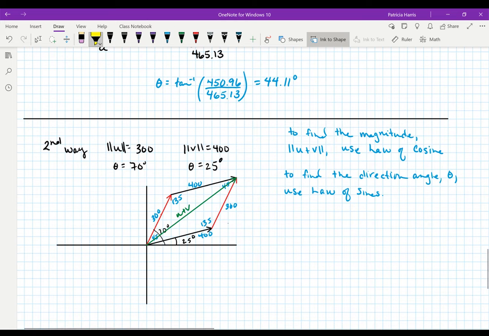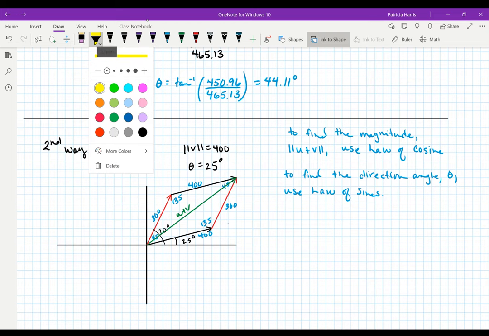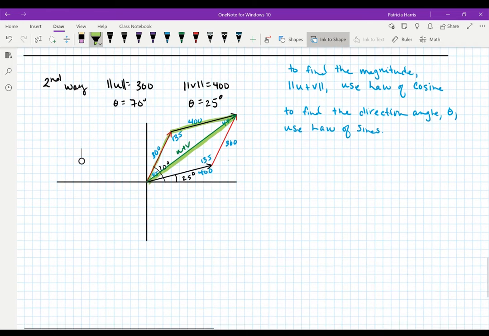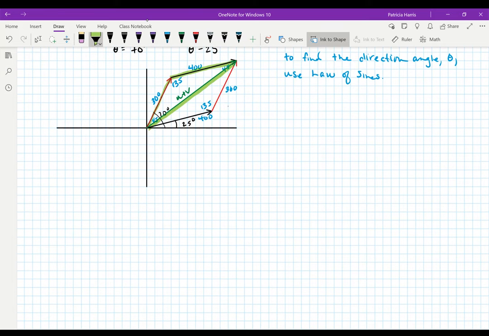So if I look really carefully, I can see my triangle here, and here, and there. Okay, so to find the length of u plus v, I'm going to use law of cosines.